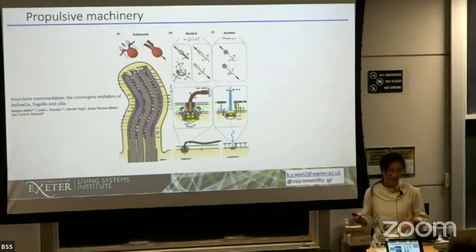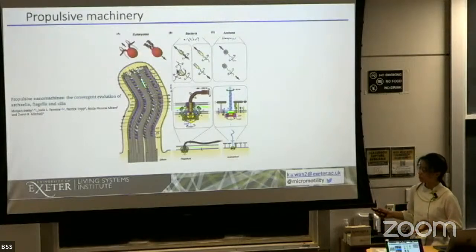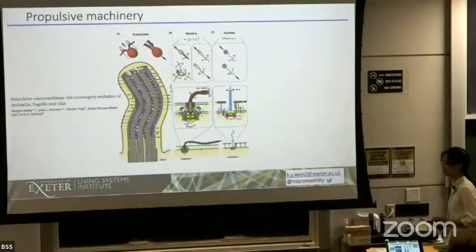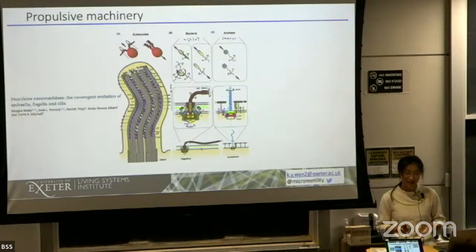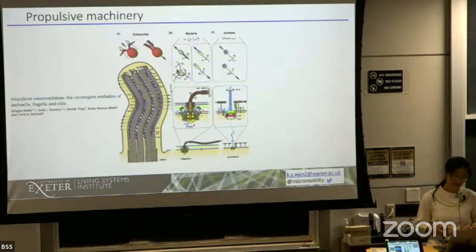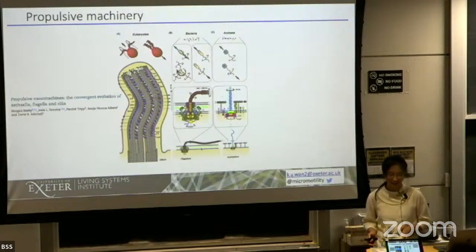It's much thicker. I like to think of it as having many more degrees of freedom, thanks to many molecular motors that actively generate force all the way along this filament. You might also hear that they're referred to as eukaryotic flagella, but it's not the same as a bacterial flagellum or an archaeal flagellum.